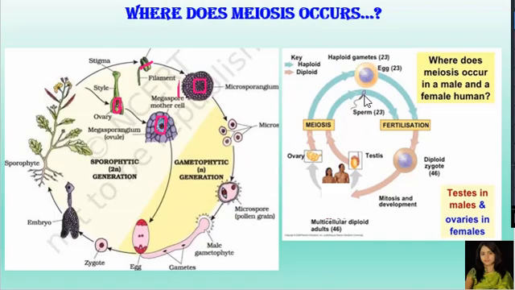Whereas in other organisms like fungi, after the fusion of male and female gametes, the diploid zygote is formed. Now this zygote undergoes meiotic division. Whereas in bryophytes, in the sporophytic generation, some sporogenous tissue undergoes meiotic division to produce the haploid spores.